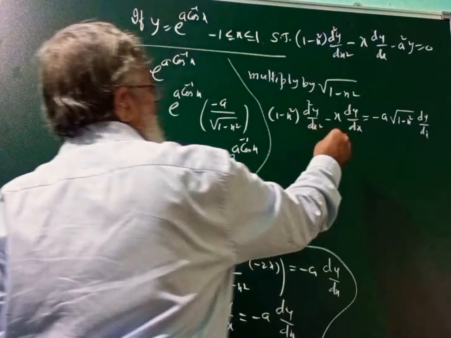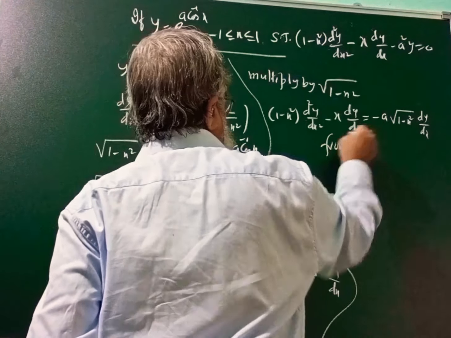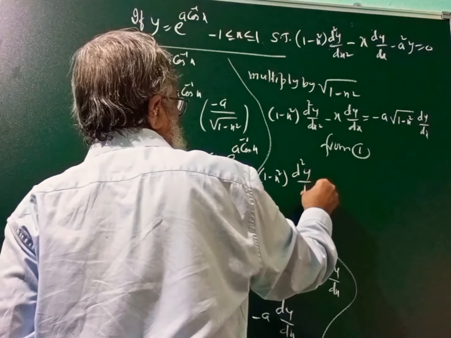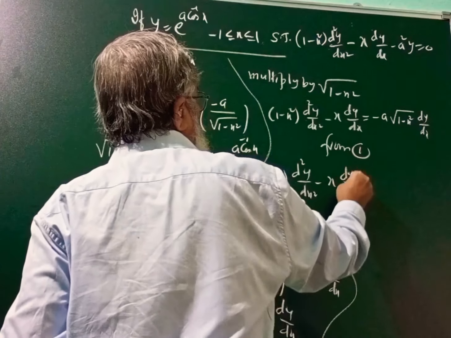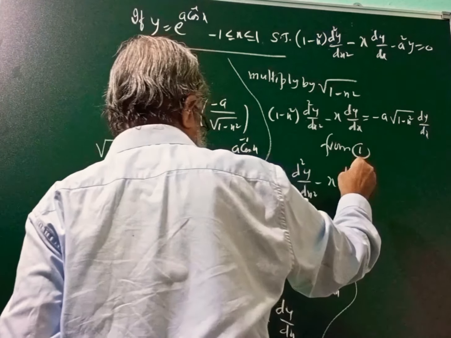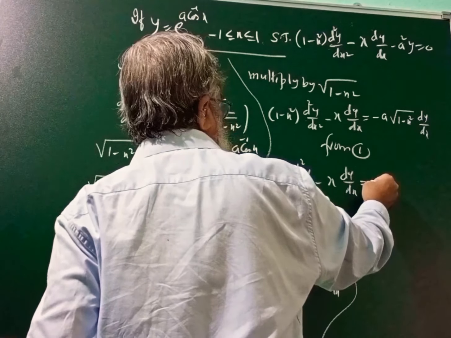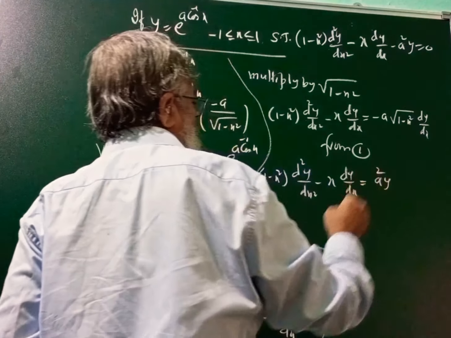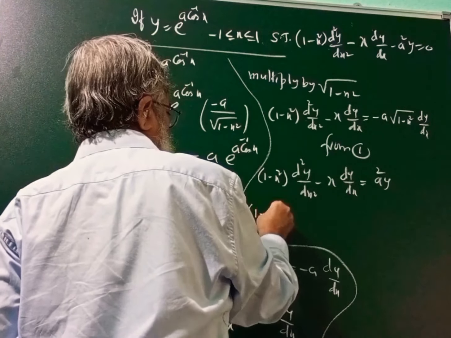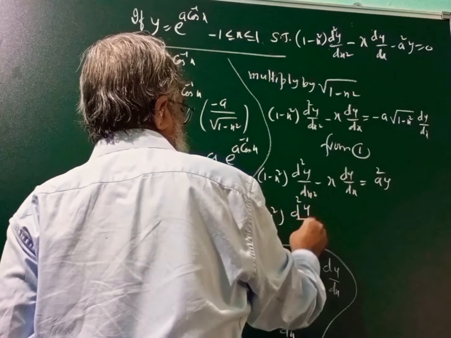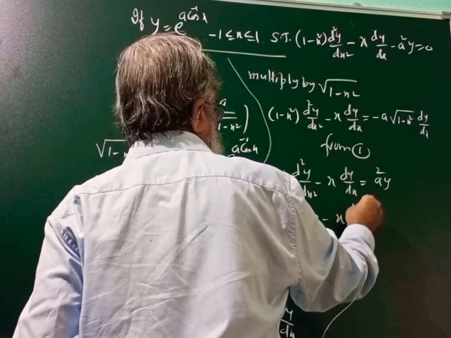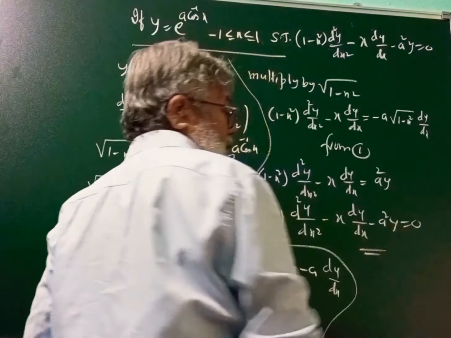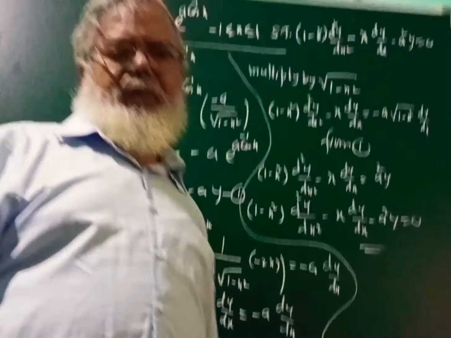From equation 1, we can write 1 minus x square into d square y by dx square minus x into dy by dx is equal to minus into minus, it is plus, a into a y, that is a square y. Then take to that side, our answer will be 1 minus x square into d square y by dx square minus x into dy by dx minus a square y is equal to 0, which proves the given problem.